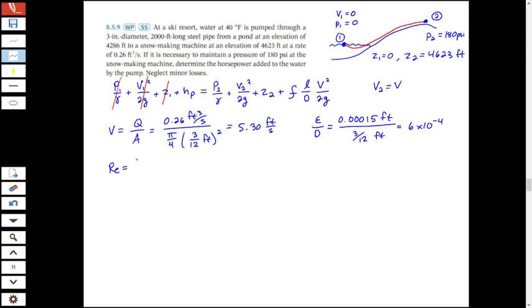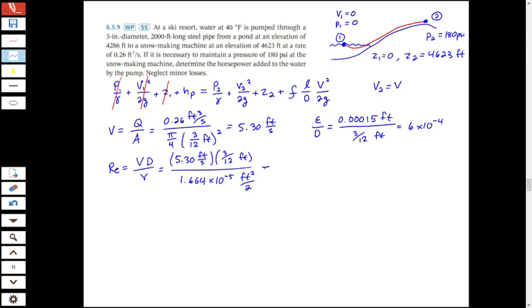Reynolds number is on our list to do as well. So we have our velocity, which we already calculated, 5.3 feet per second. Diameter, in this case, converting that to feet. And then with respect to our kinematic viscosity, if you look it up for water, this is the value you will get.